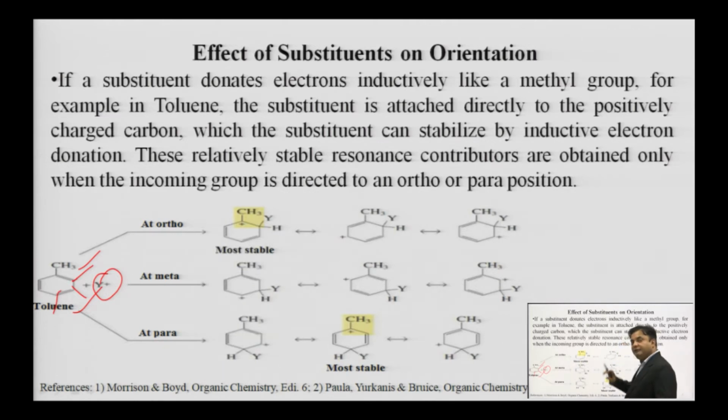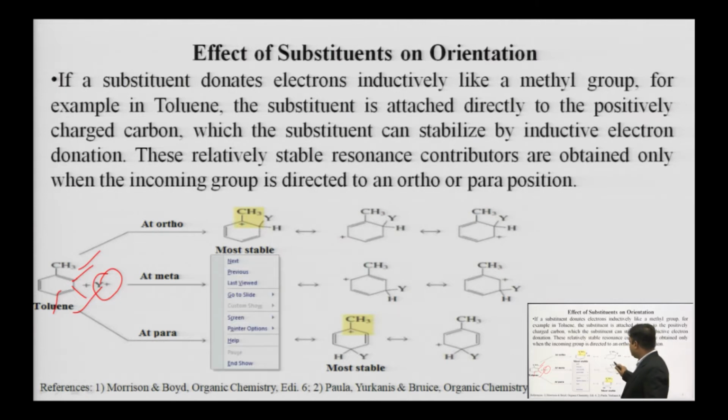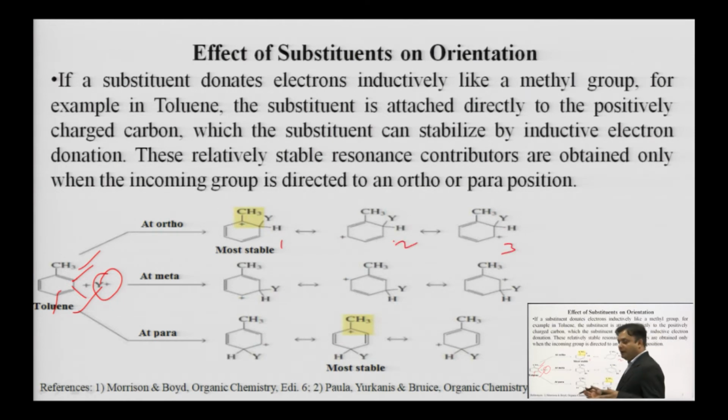This arenium ion, or carbocation, will show resonance. Total 3 resonating structures are possible, 1, 2, 3, all in resonance, so they are very stable.